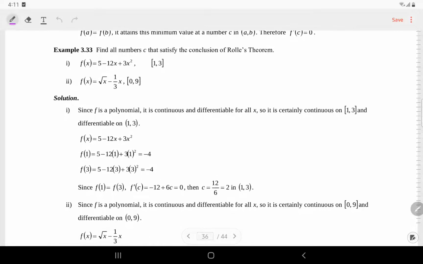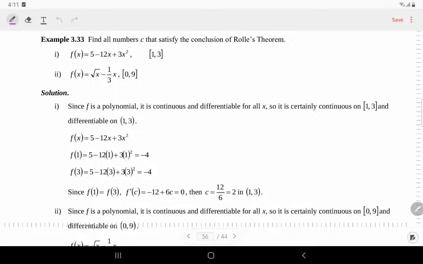Okay, let's take a look at examples involving questions of Rolle's theorem. For example, find all numbers c. We want to find what is the point c that satisfies the conclusion of Rolle's theorem. So kita nak tahu dekat graph, dekat point c yang mana yang dia punya slope of the tangent is 0, maksudnya yang satisfy Rolle's theorem.